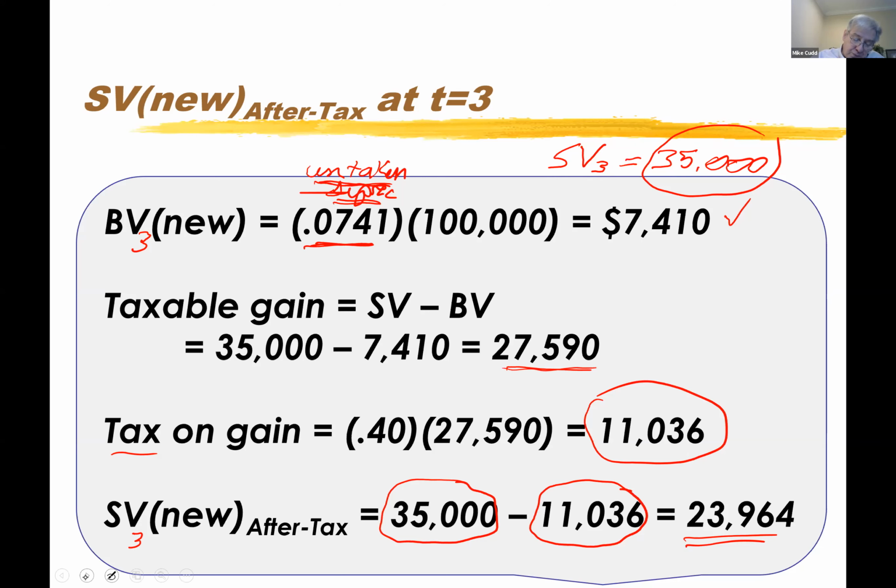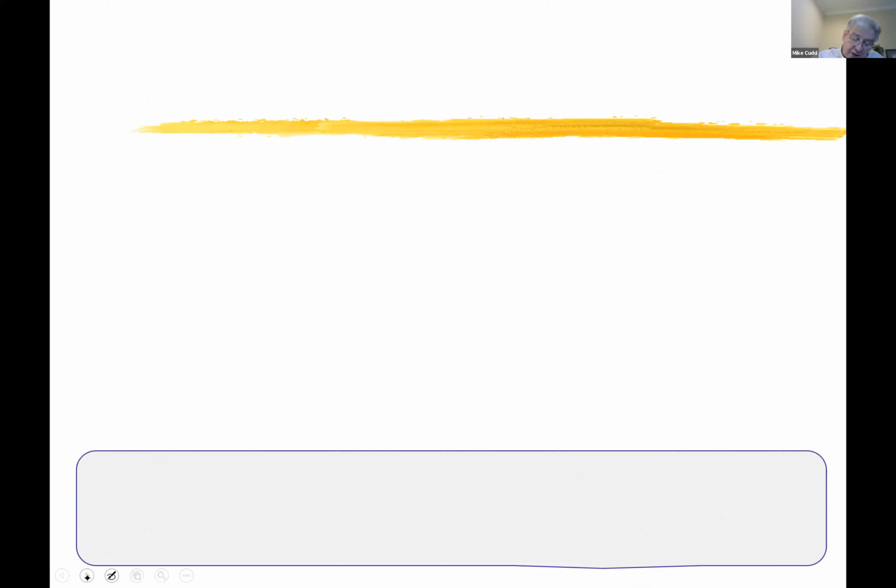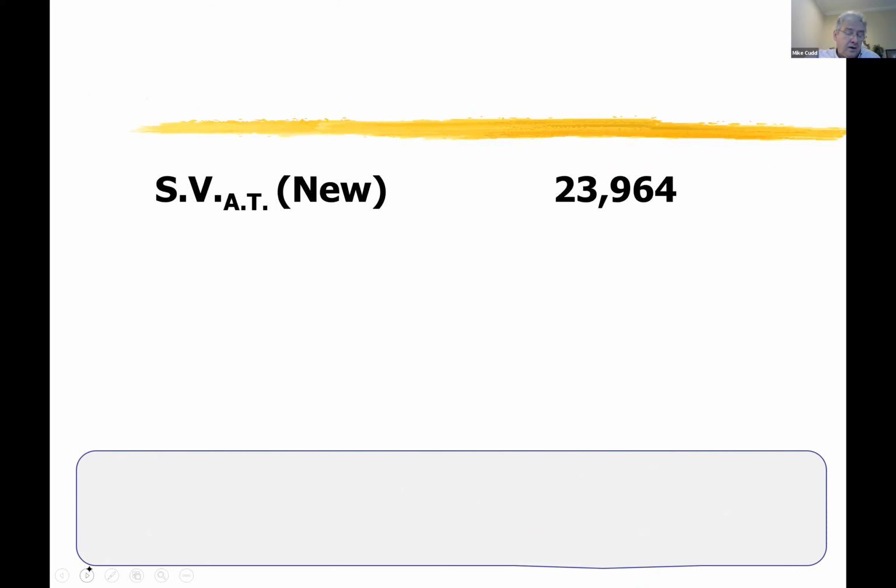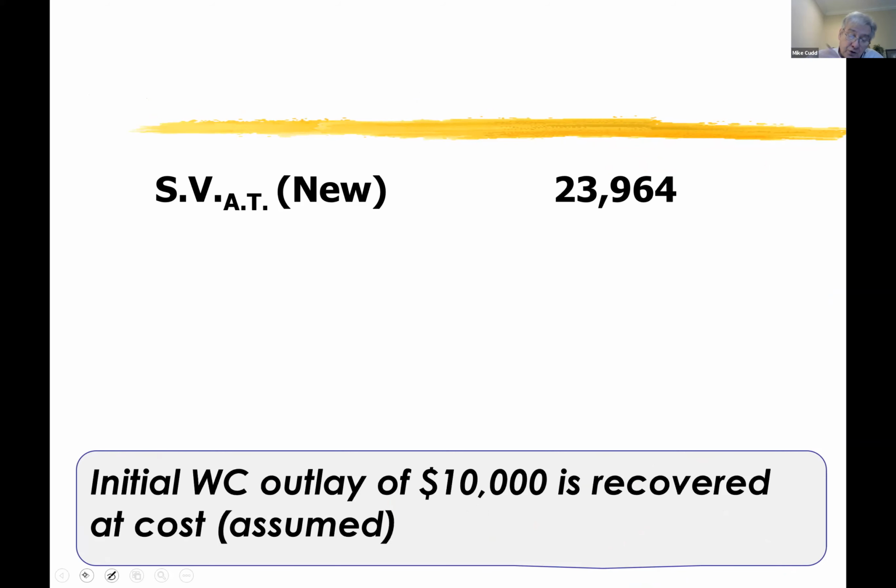So at the end of the project's life, when we shut it down, from selling the equipment after we've considered the taxes, we'll have an inflow of almost $24,000. But we'll also recover our working capital investment.